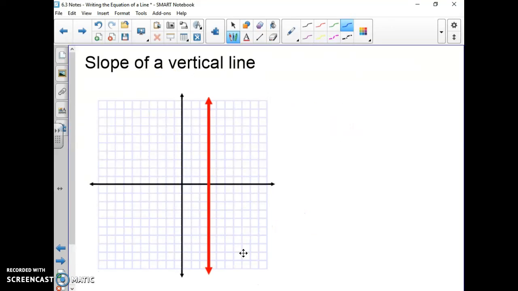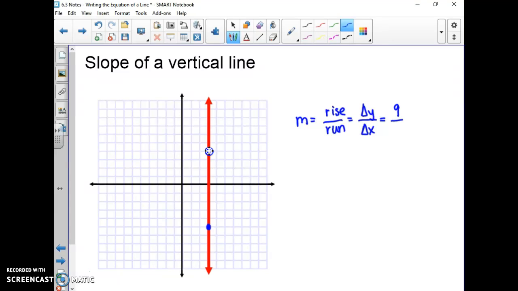Remember yesterday that we talked about slopes of vertical lines? If you think about the slope of this line, if we pick any 2 points anywhere on that line, our slope is rise over run, or our change in y over our change in x. We could start at this bottom point here. We would have to go up 1, 2, 3, 4, 5, 6, 7, 8, 9.